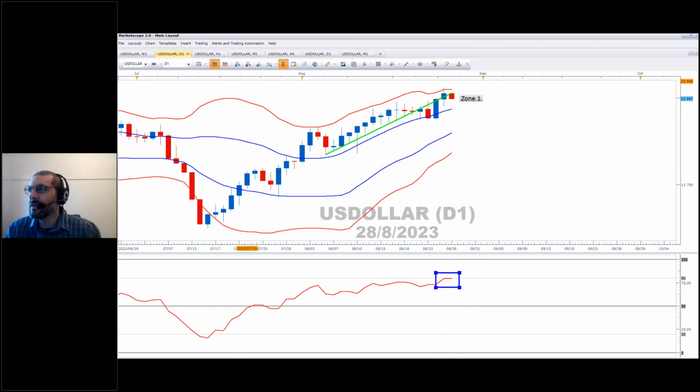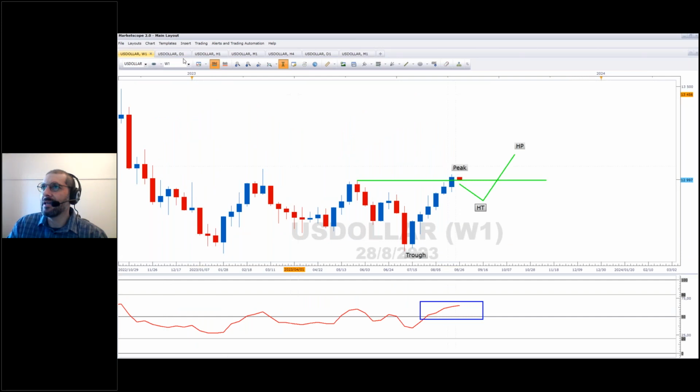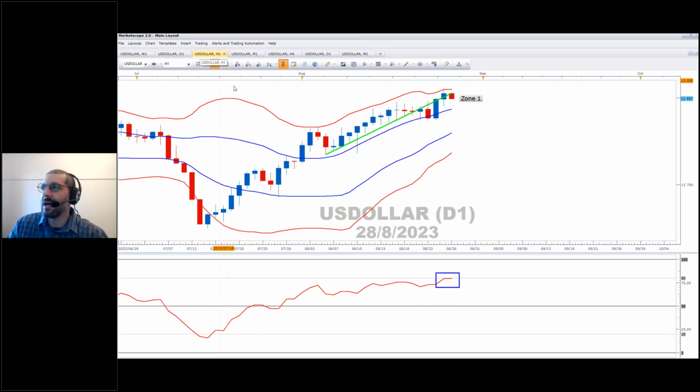Because we're in zone 1, one would think that we would want to catch the pullbacks. With the overbought condition, it's probably suggesting we still need to be a little bit patient at the moment. Just wanted to normalize. So a bit of a pity that we've got an overbought condition here, but we are in zone 1. We do have a higher peak there. Let's just go down to the hourly chart.